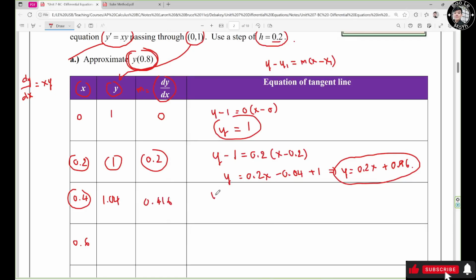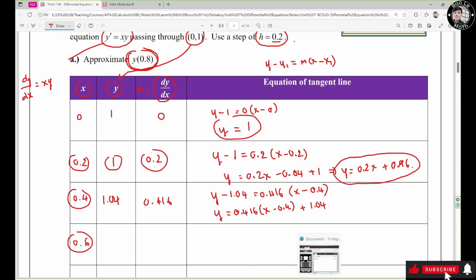So you have y minus 1.04 equals the slope 0.416 times s minus 0.4. Simplifying, y equals 0.416 times s minus 0.4, plus 1.04. I'm going to substitute 0.6 for s into this equation to solve for y.